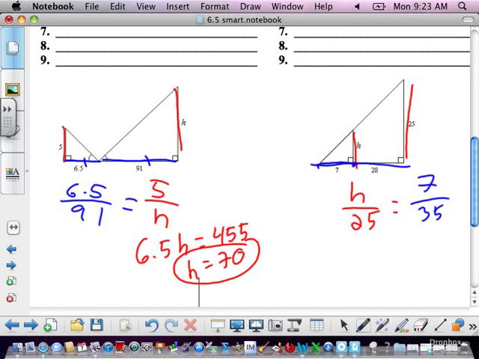And this part right here is 28. So it's 35H equals 175. Divide that by 35 and we get H equals 5.